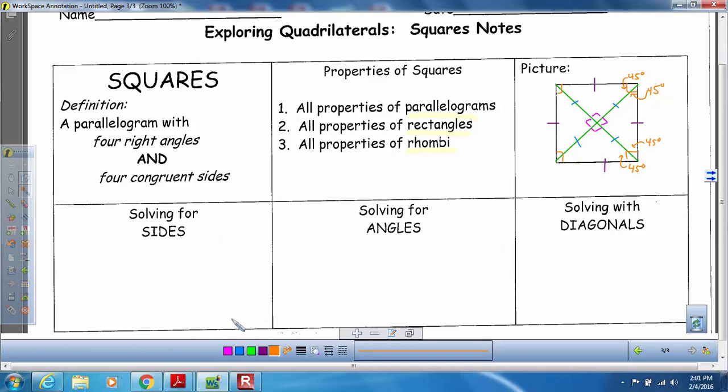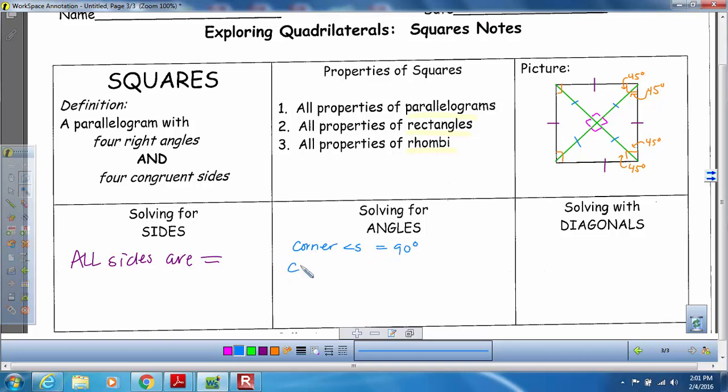If we're solving for sides, again, we know that all 4 sides are congruent, so we would use all sides are equal. If we were solving for angles, we have that our corner angles equal 90 degrees.